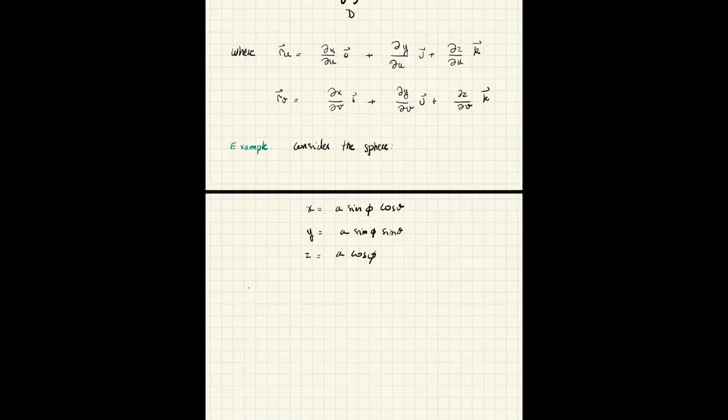Now phi is between 0 and pi, and theta is between 0 and 2 pi. All right? So this is already given. If I have a parameterization of a sphere, you got this.